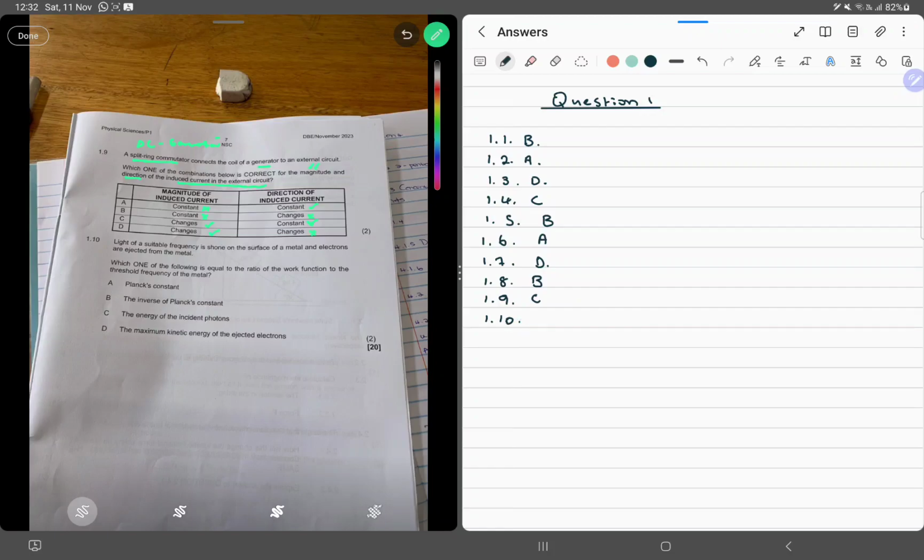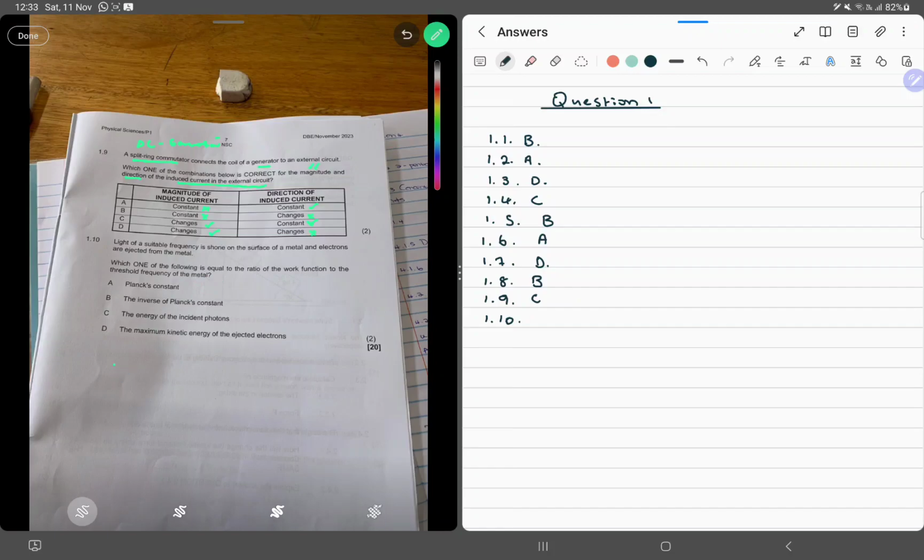1.10. Now, light of a suitable frequency is shone on the surface of a metal and electrons are ejected from the metal. Which one of the following is equal to the ratio of the work function to the threshold frequency of the metal?